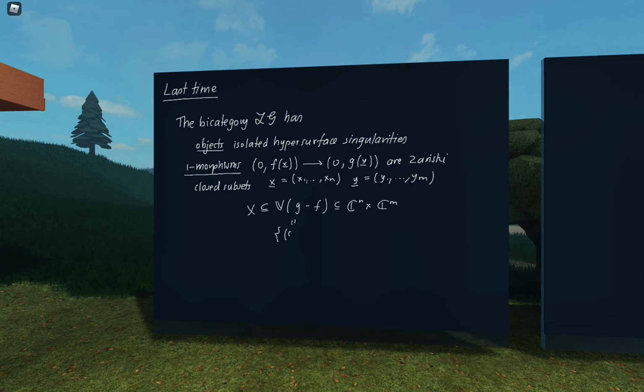So that's the set of all a1 through an's, b1 through bm's, such that g of b is equal to f of a.